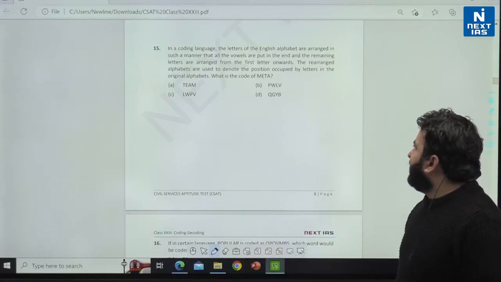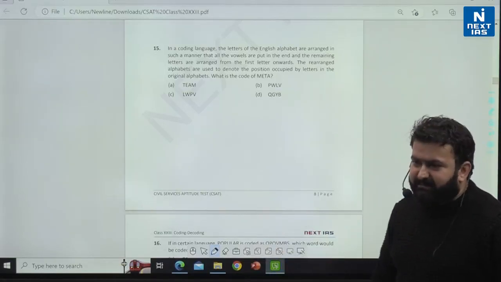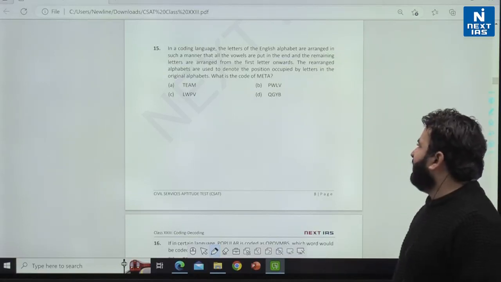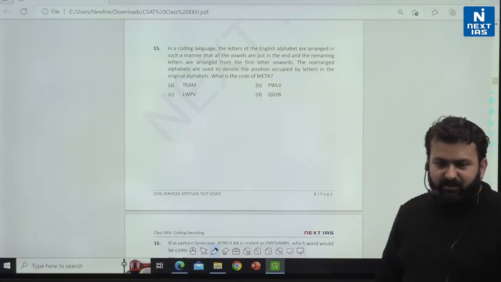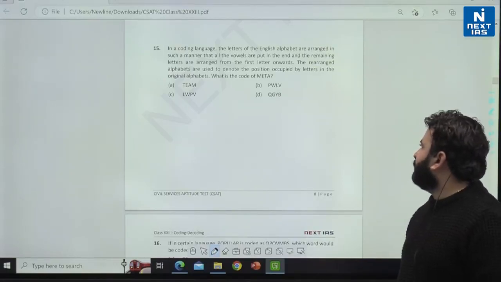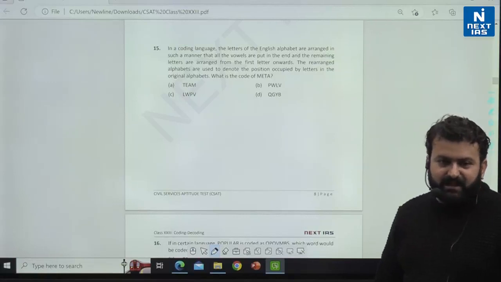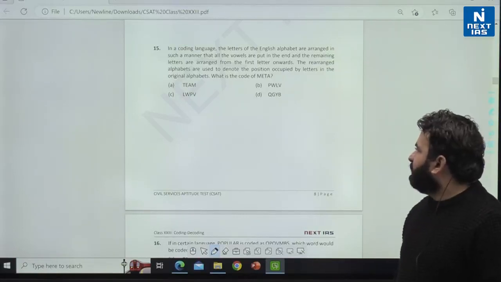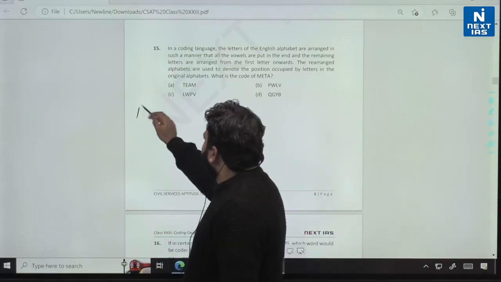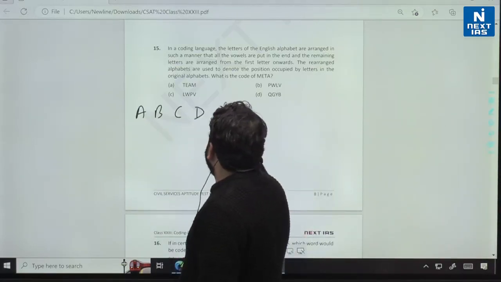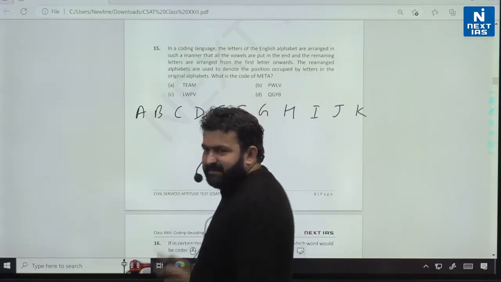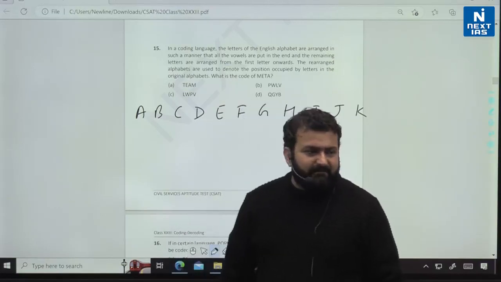In a coding language, the letters of the English alphabet are arranged in such a manner that all the vowels are put at the end and the remaining letters are arranged from the first letter onwards. The rearranged alphabets are used to denote the position occupied by the letters in the original alphabet. What is the code of meta? Now pay attention. Normally it is A B C D E F G H I J K like this. Now what is happening?